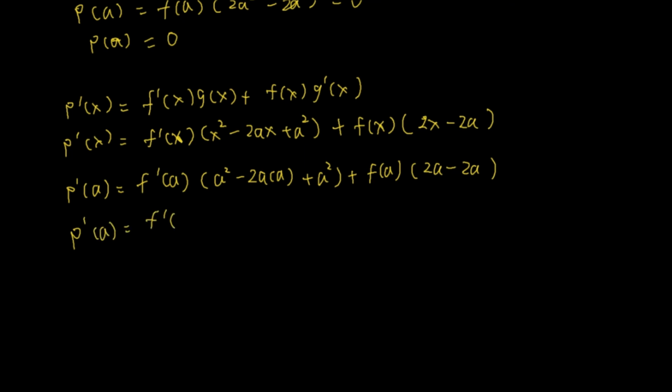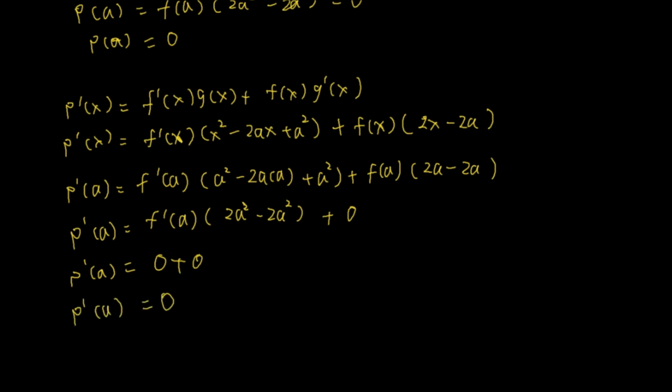This is f prime at a times, basically, 2a squared minus 2a squared, plus 2a minus 2a is 0, and 0 times f at a is 0. So P prime at a is equal to 2a squared minus 2a squared, which is 0. 0 times f prime at a is equal to 0. So 0 plus 0, P prime at a is equal to 0.